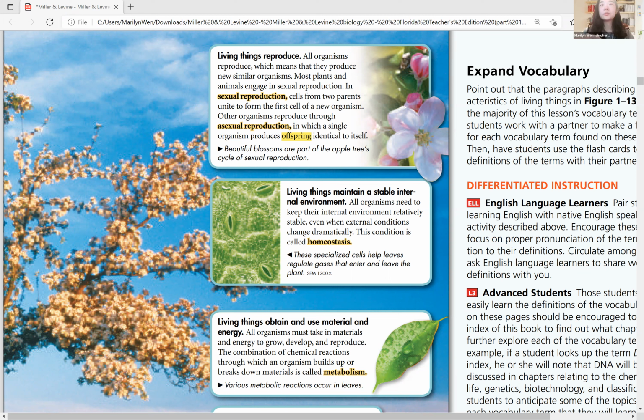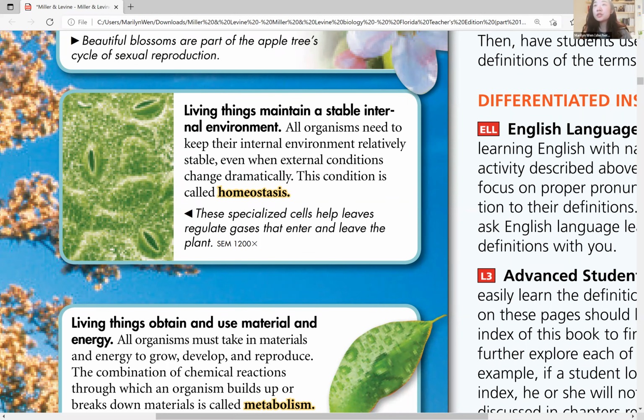Usually it doesn't just include temperature, but most of the time you need a stable temperature, a stable chemical environment, and water balance, to ensure that an organism is living. We'll talk about this much later.